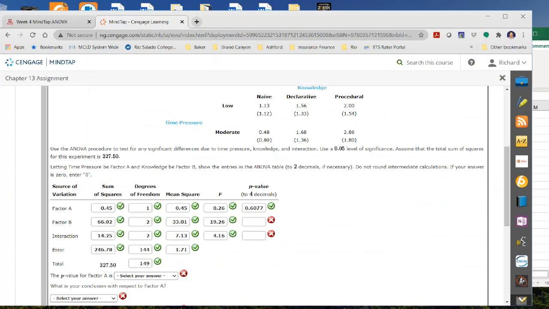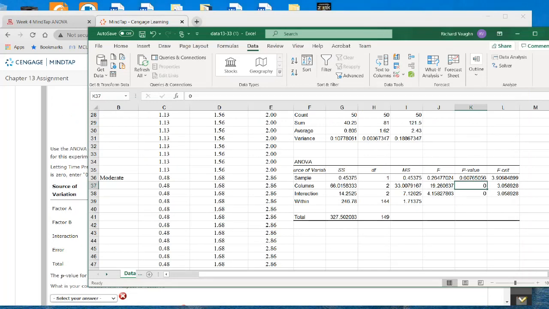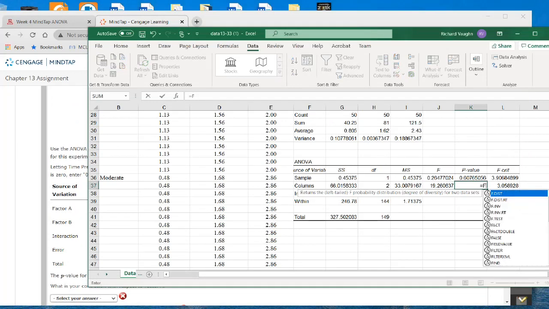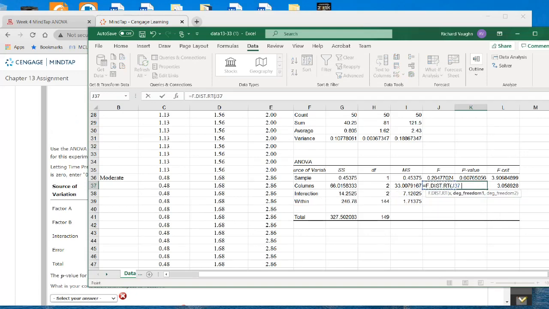So let's now just finish this off by doing these last two p-values and then answering the questions at the bottom of the sheet. So this p-value I'm going to do equals F.DIST.RT. The x value is going to be the F. The degrees of freedom is going to be my degrees of freedom, H37. And the degrees of freedom 2 is going to be the degrees of freedom within, and then close parentheses.